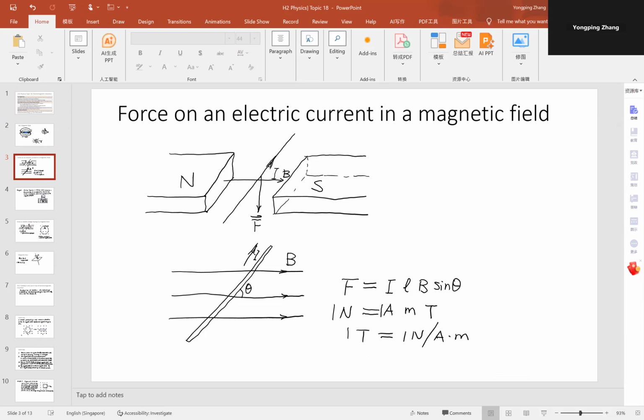For a current carrying wire in a magnetic field, for the force, we can divide the B into components.